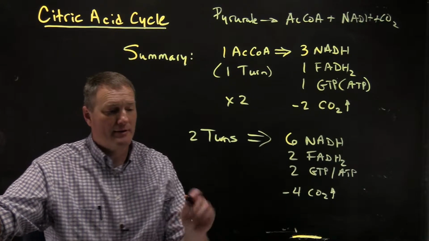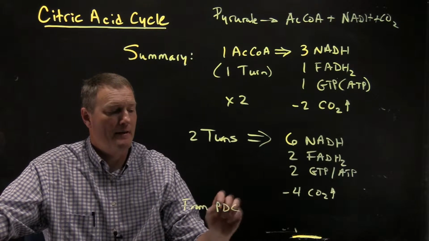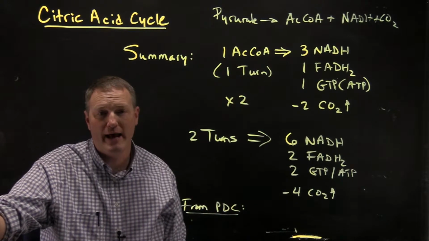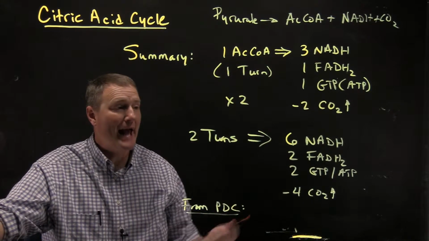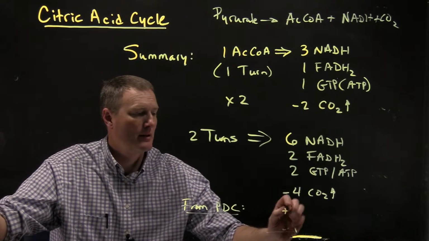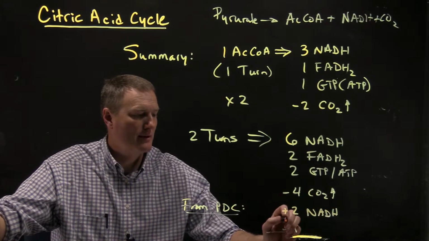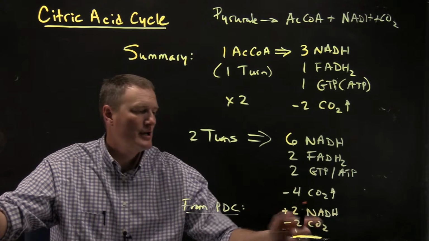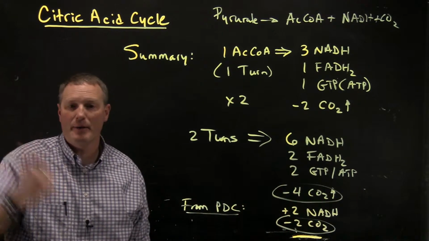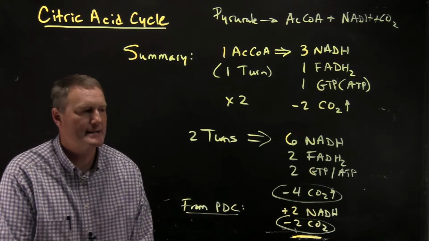So ultimately, from PDC, from the pyruvate dehydrogenase complex, because we have 2 acetyl-CoA subunits being produced, we're going to add on an additional 2 NADH from that step. And then there would also be minus 2 CO2s. So here we have a total of minus 6 CO2s. That represents ultimately the 6 carbons from glucose that have now become completely oxidized.